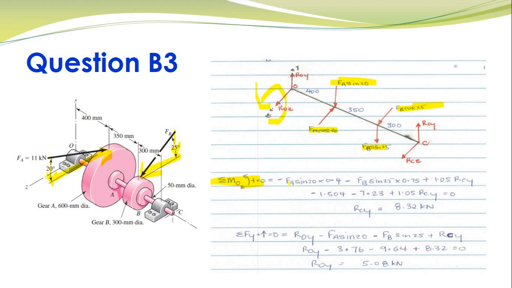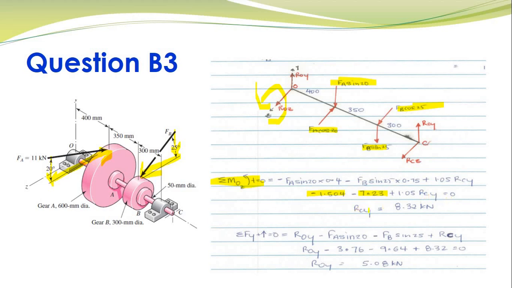Now the next thing is that you calculate all of these and write them individually. Minus Fa was 11 kilonewton, so minus 11 sine 20 times 0.4, I get a value of negative 1.504. Then minus Fb sine 25, where Fb was 22.81 kilonewton, substitute there, find sine 25 times the distance of 0.75, so you get a negative 7.23, and then finally plus 1.05 RCY.